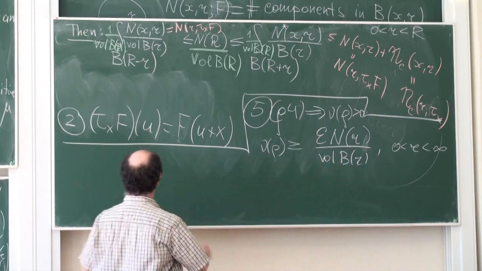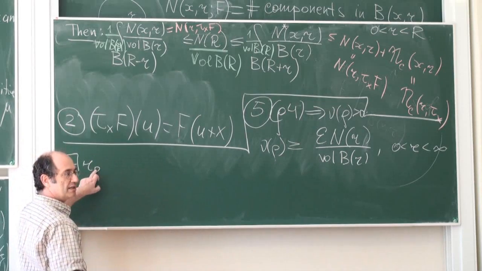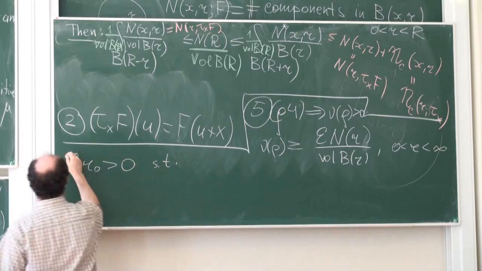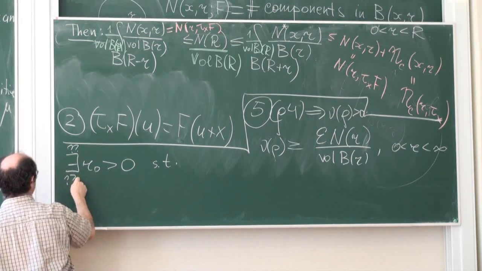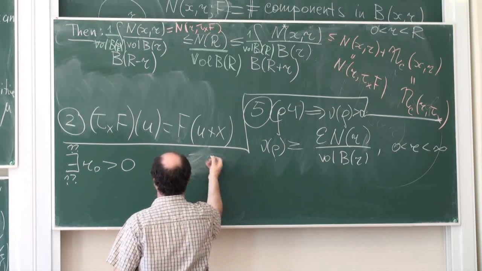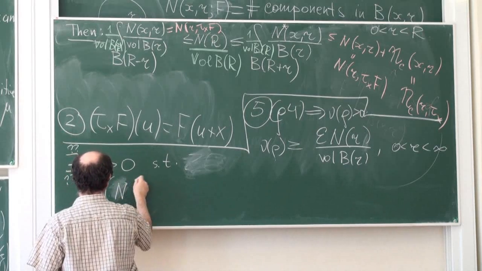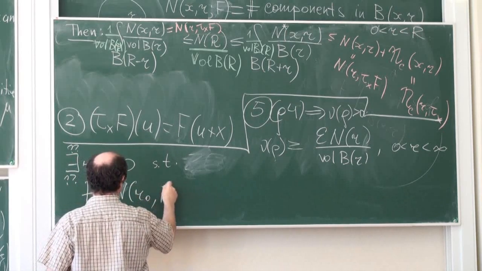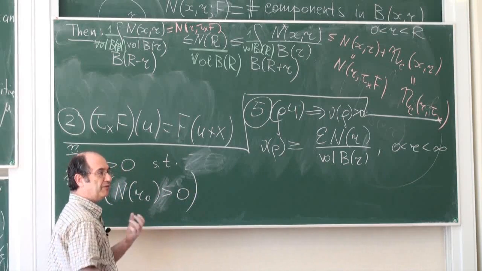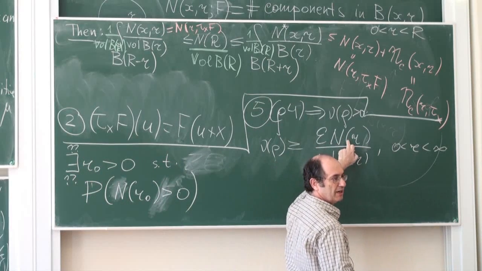So if we know that there exists just one value of r such that, still with a question mark, the probability that the number of components in the disk of radius r is small is positive, that is, if we know that we have at least one component in some ball, then this expectation automatically will be positive.